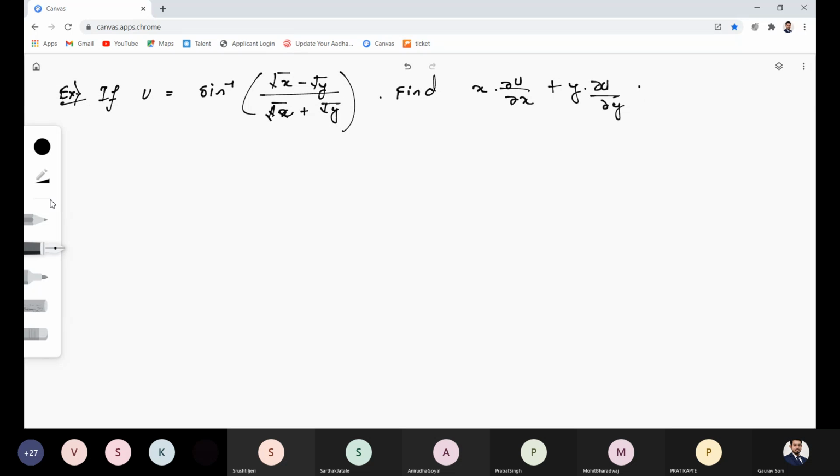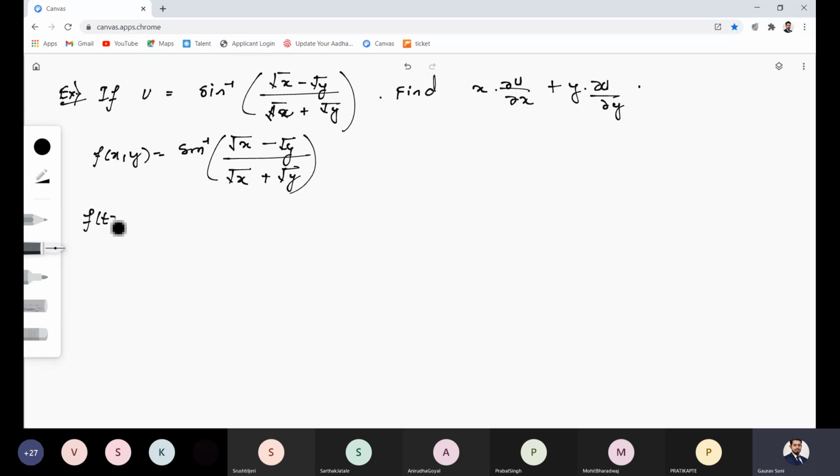So f of x comma y here is sine inverse of under root x minus under root y upon under root x plus under root y.